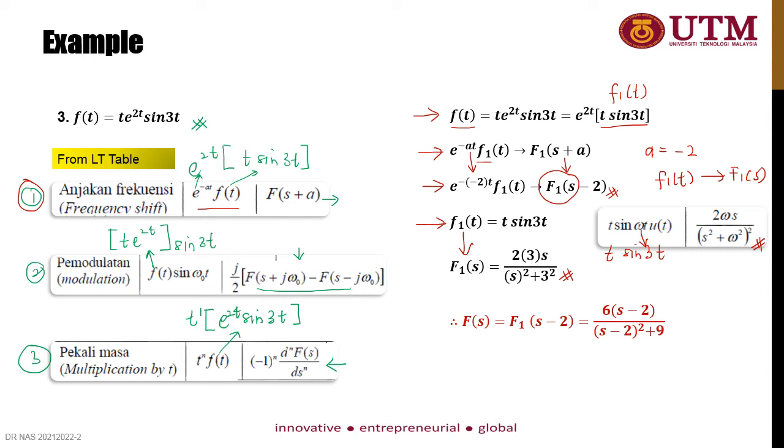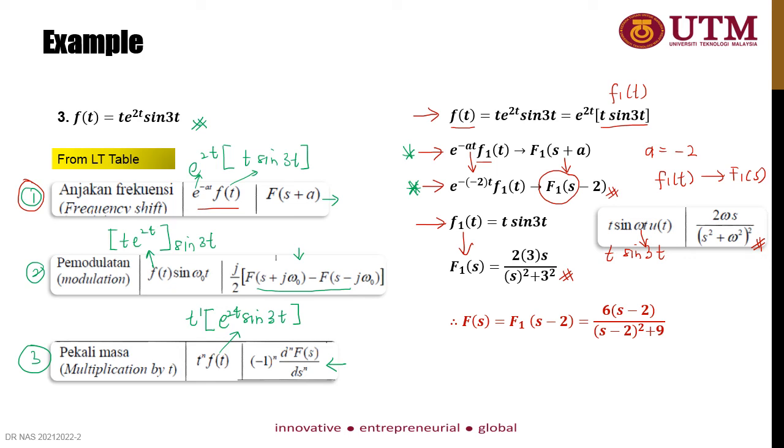Okay, so go back to the basic equation, e^(-at) f(t), equal to F1(s plus a). And this is when you have entered the value. So F1(s minus 2), meaning that all s must be deducted by 2.